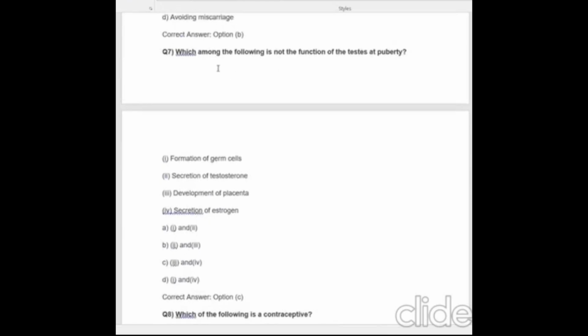Which among the following is not the function of testis in puberty? So what is puberty? The age at which males and females attain the reproductive age, from where the gametes are formed. Which is not the function of testis? You can see here the option development of placenta is not there, and secretion of estrogen is not there, because estrogen is a female hormone.